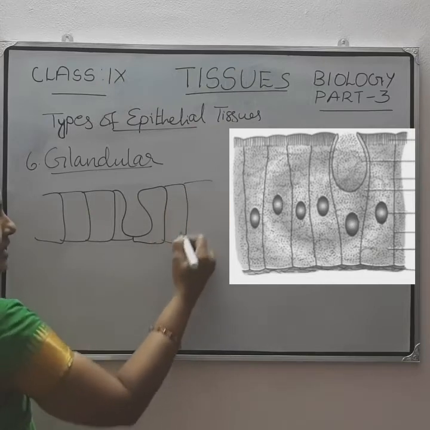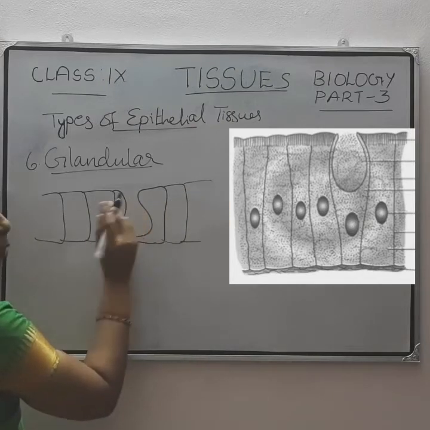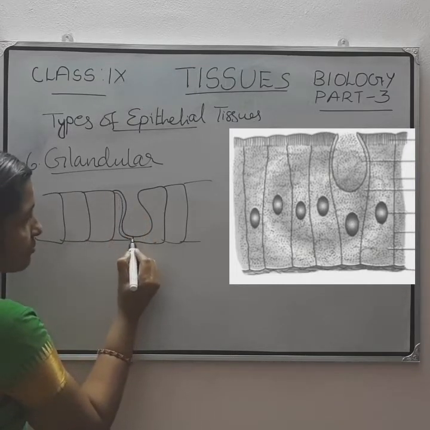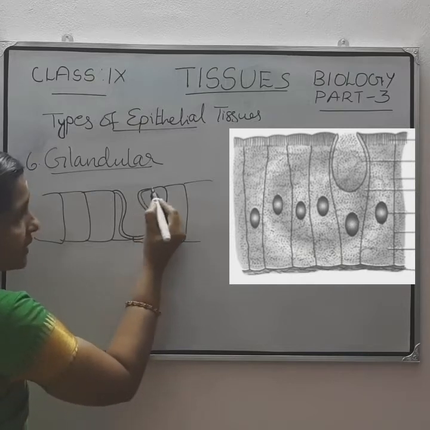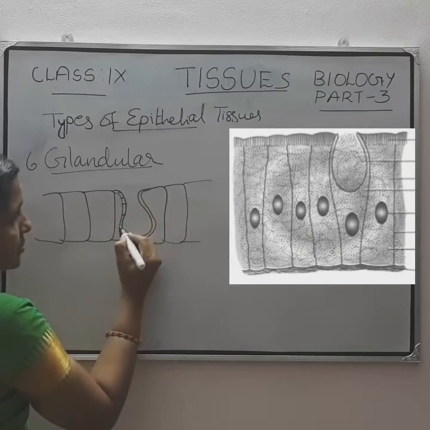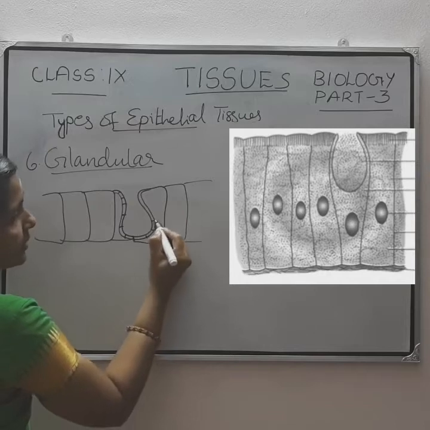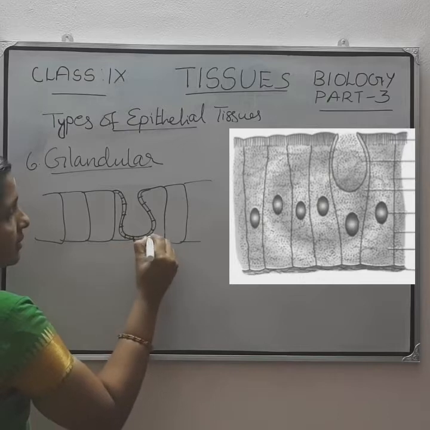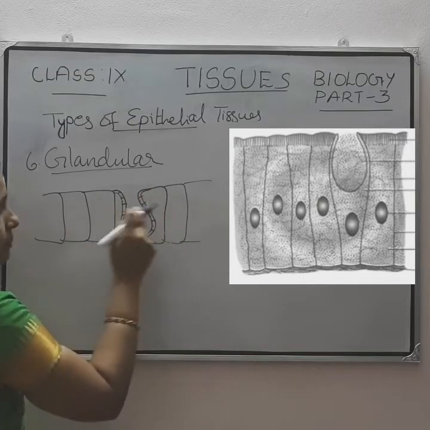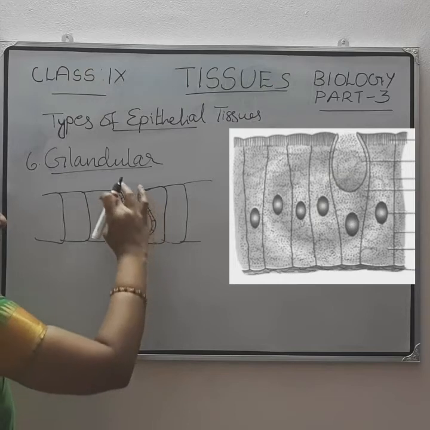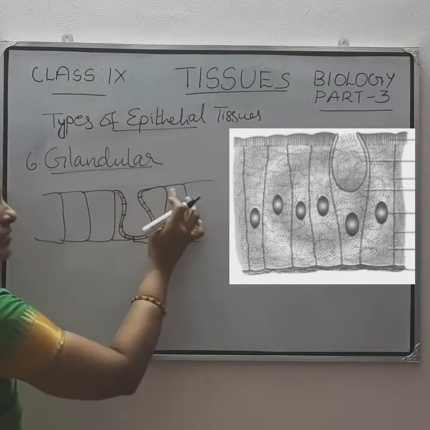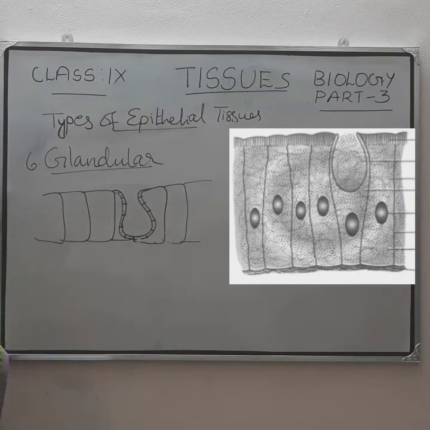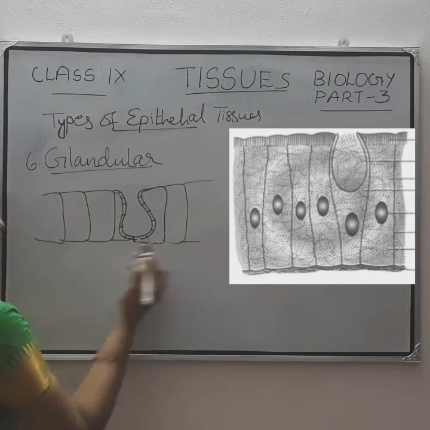Such tissues are called glandular epithelium. These are the inner folding of this epithelium. This one is an epithelial tissue; a portion of it folds inwards and forms a gland. Such type of tissues are called glandular epithelium. Look at the figure also here.